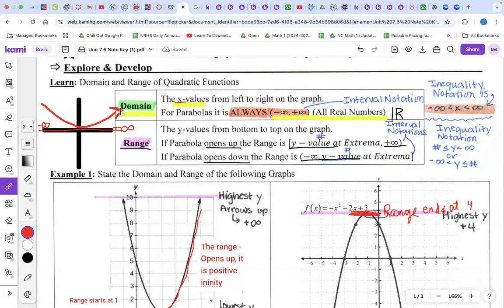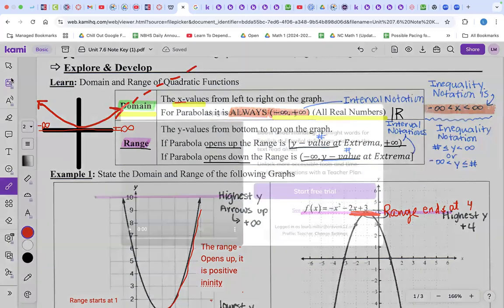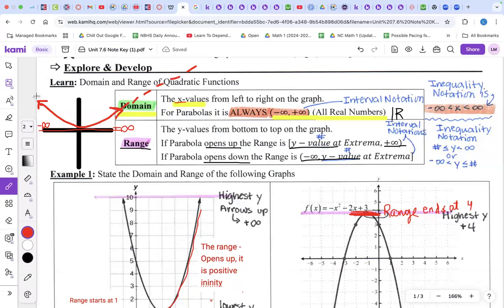You see positive infinity and how it goes. You see negative infinity. That means this parabola, as long as it continues to grow and it goes forever, it's going to continue to go out, out, out. And on this side, it's going to do the same thing. It's going out, out, out on both sides, no matter what. And that's why it's called negative infinity, positive infinity.